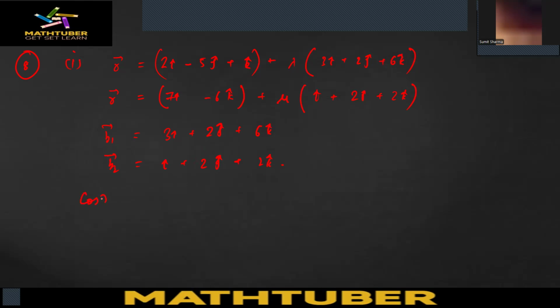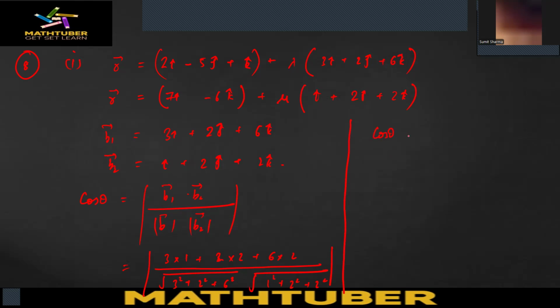So we know the formula: cos theta is equal to b1 dot b2 vectors divided by magnitude of b1, magnitude of b2, and whole magnitude. If we put all the values here, the dot product will be 3 into 1 plus 2 into 2 plus 6 into 2, divided by under root of 3 square plus 2 square plus 6 square into under root of 1 square plus 2 square plus 2 square, whole modulus.